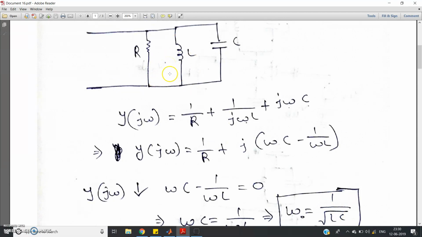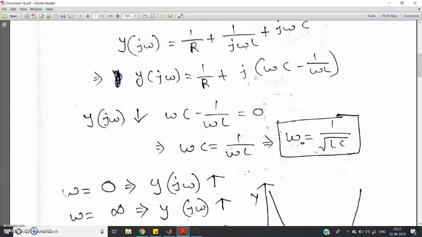As we get for the series resonant circuit, similarly for this circuit also the resonant frequency is 1 by root over LC, or f naught is equal to 1 by 2 pi root over LC, because omega naught equals 2 pi f naught.